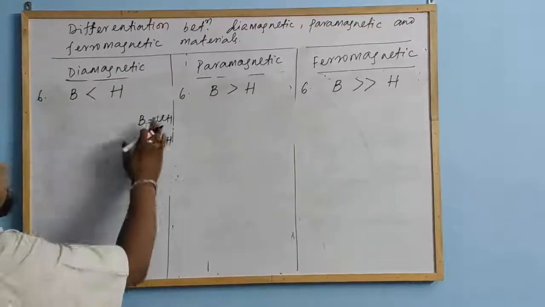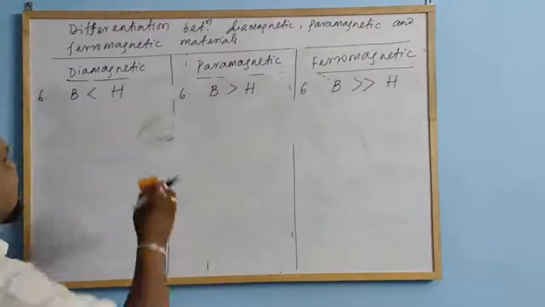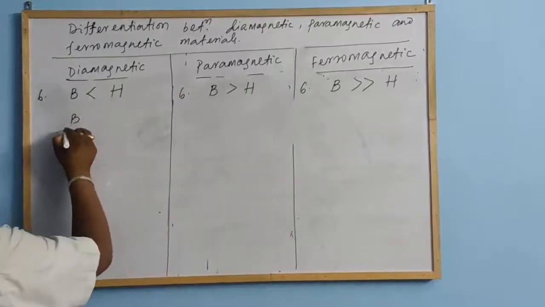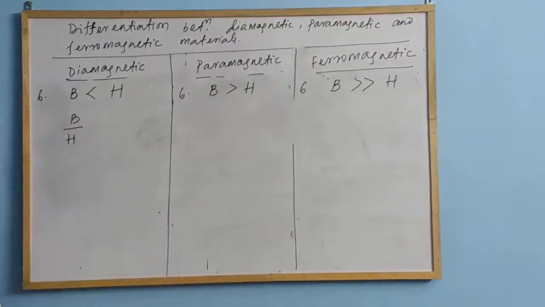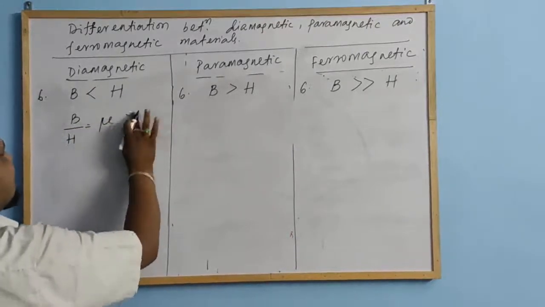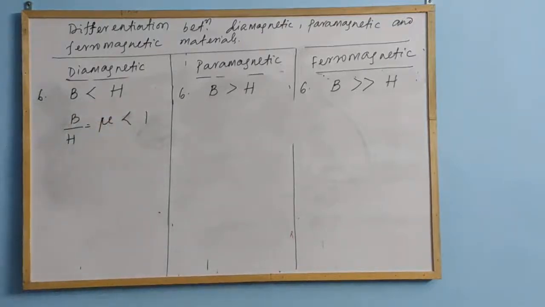So accordingly, in this case B is less than H, so B by H, which is called mu, should be less than 1. The permeability is less than 1.